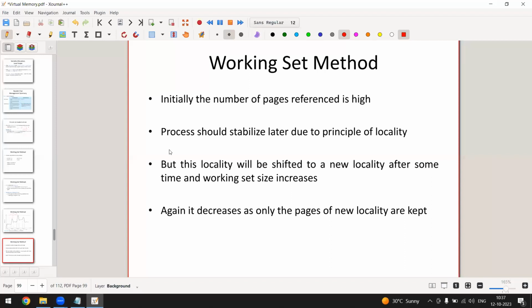So that's why it will be stable. But again, this locality will shift to a new locality after some time, and working set size will increase. Again it gets decreased, and only the pages of the new locality are kept.